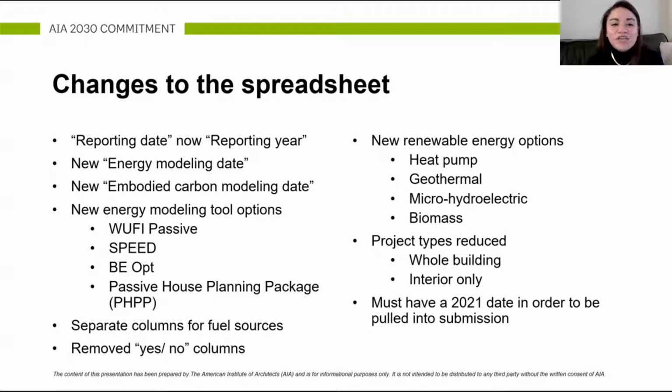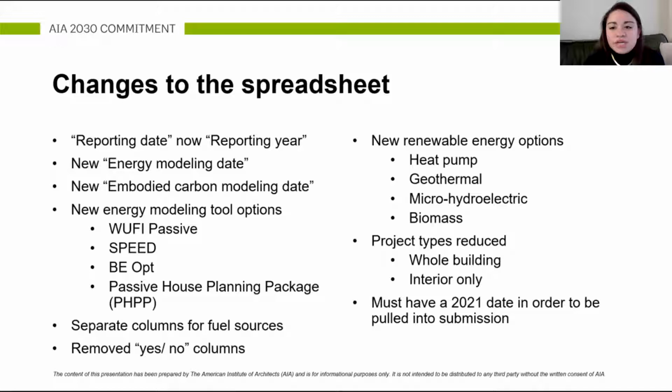We have a new energy modeling date to hopefully help you all keep track of when the energy modeling was done for the project. So this is the date that the energy model was actually conducted. And then similarly, we added an embodied carbon modeling date. Both of these fields are optional. We have new energy modeling tool options: WUFI Passive, SPEED, BOPT, and Passive House Planning Package.